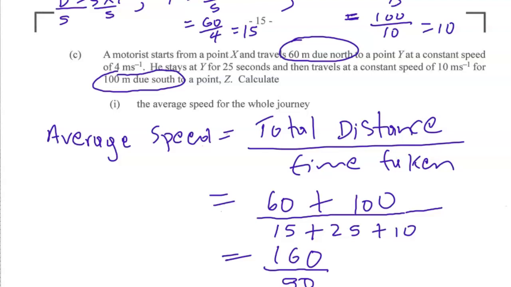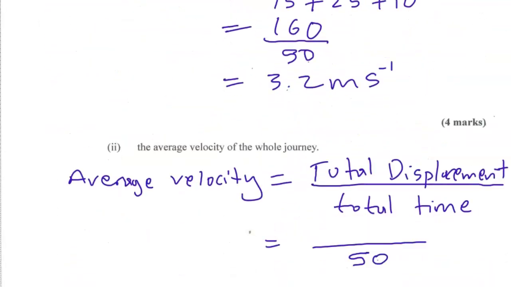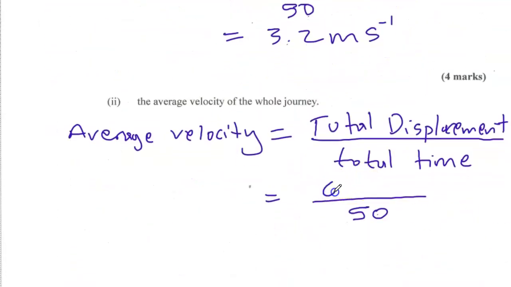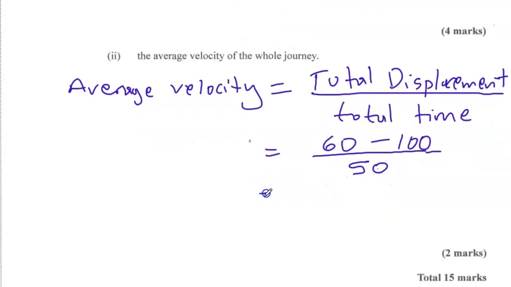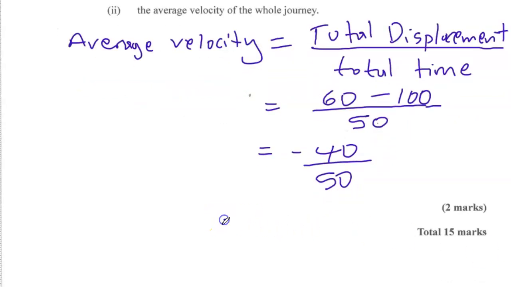So the first displacement, up north, that's 60, and come back down in the opposite direction, south, 100. So 60 minus 100, that's negative 40 over 50. 40 over 50 is what? Negative 0.8. So that's negative 0.8 meters per second.